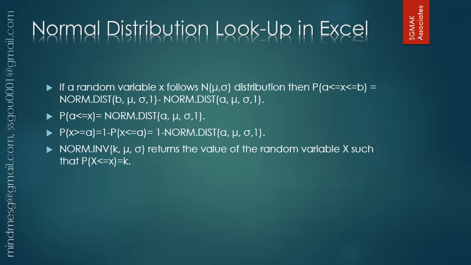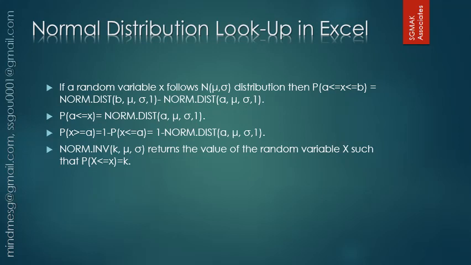Probability x less equal a is NORM.DIST(a, mu, sigma, 1). Whenever you have a greater than type of probability, probability x greater equal a equals 1 minus probability x less equal a, and so that equals 1 minus NORM.DIST(a, mu, sigma, 1).